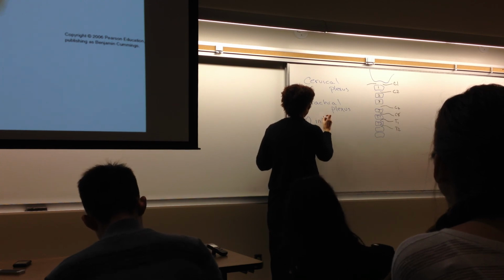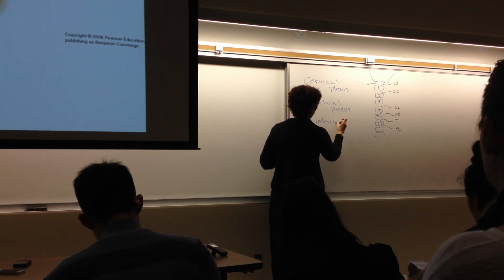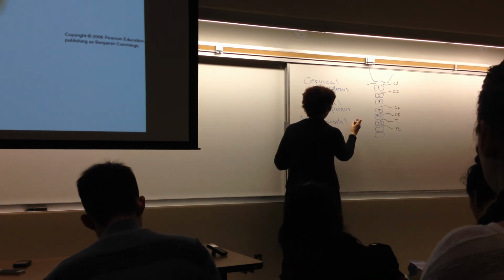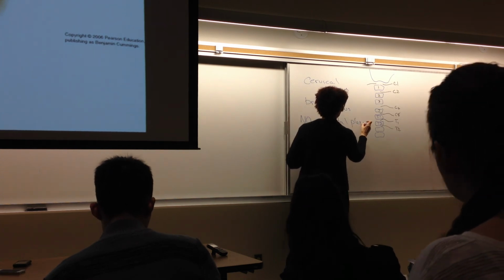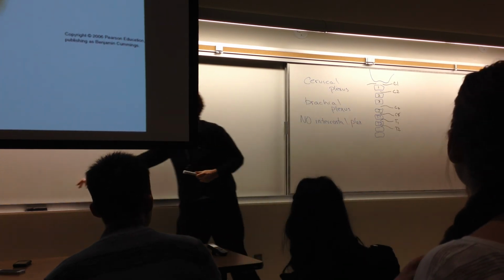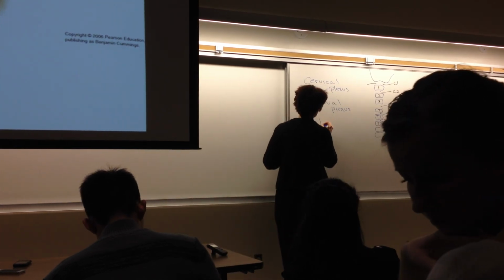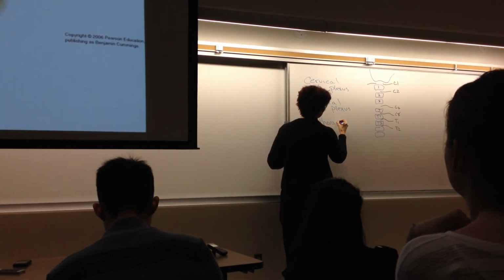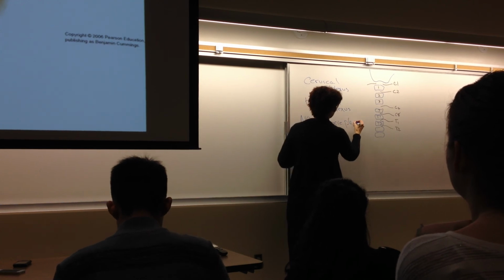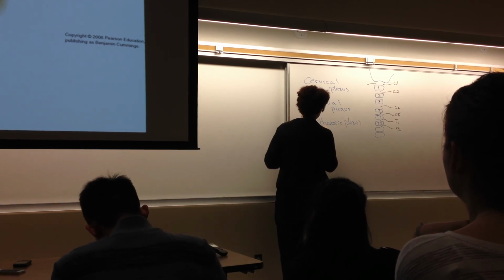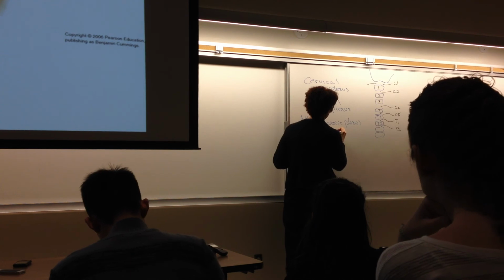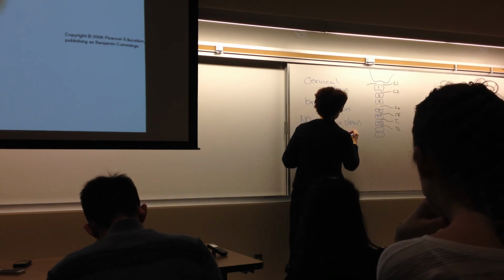No intercostal plexus. All the intercostal nerves are just ventral rami. Let me say no thoracic plexus. The intercostal nerves are formed by ventral rami.